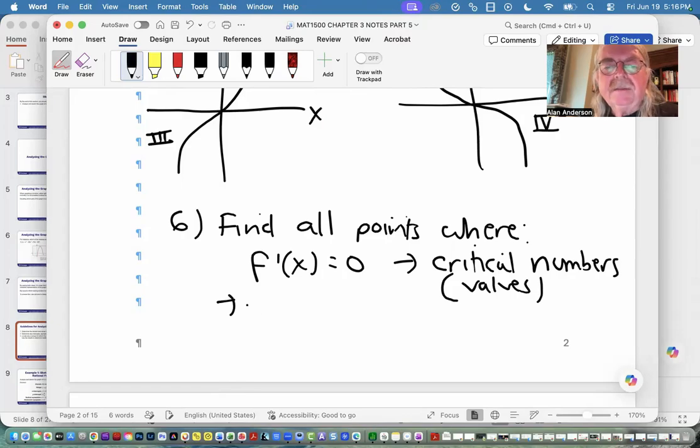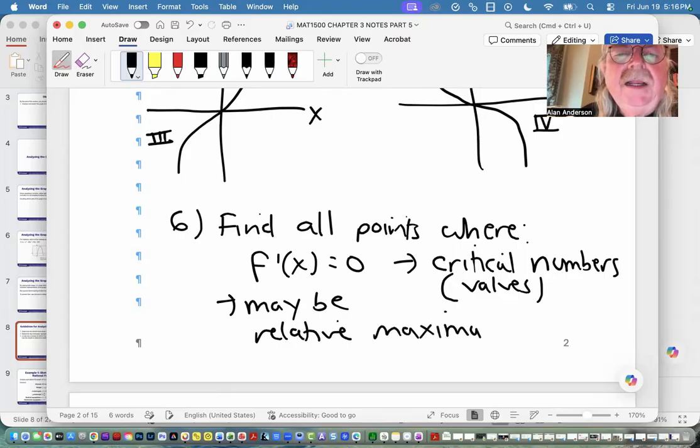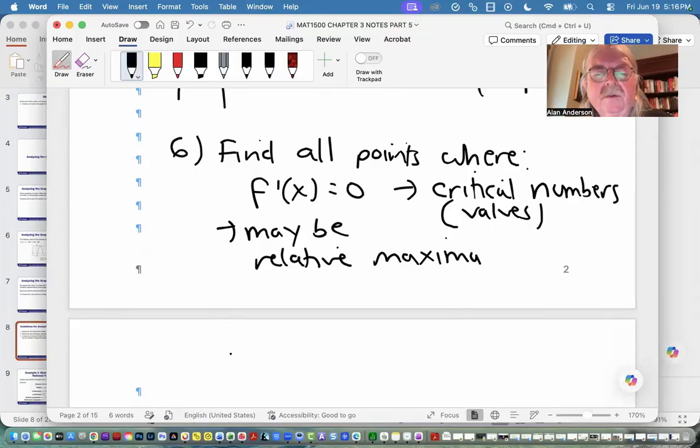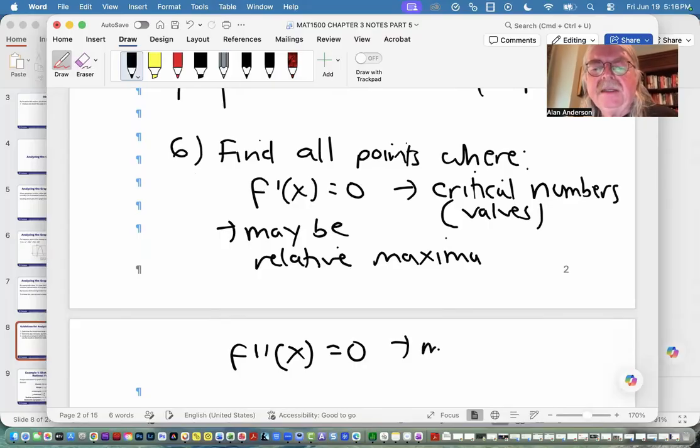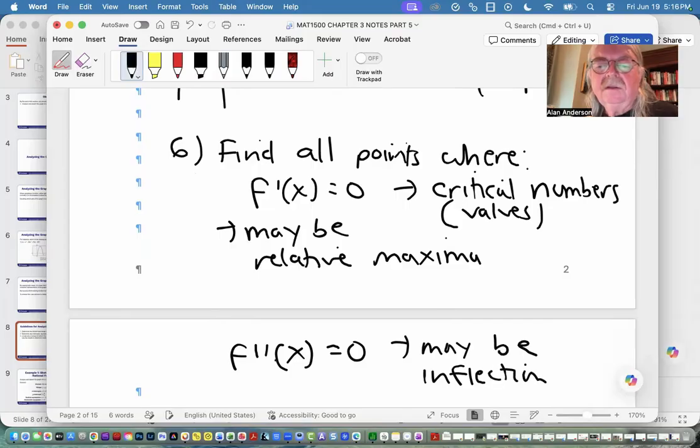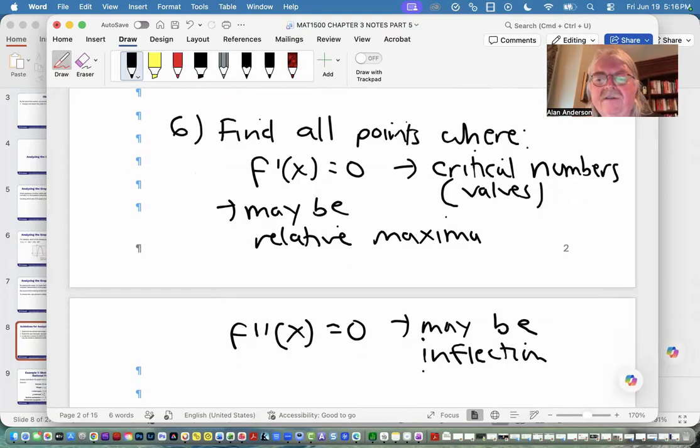And each one of these may be relative maxima. And we also would like to know where f double prime, or the second derivative, equals 0. And these may be inflection points. And again, all that will give us clues as to how to draw this graph.